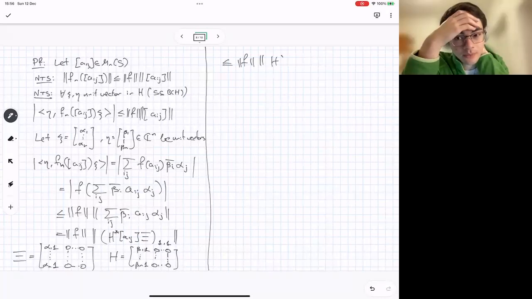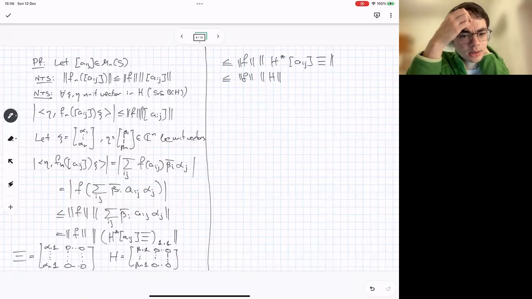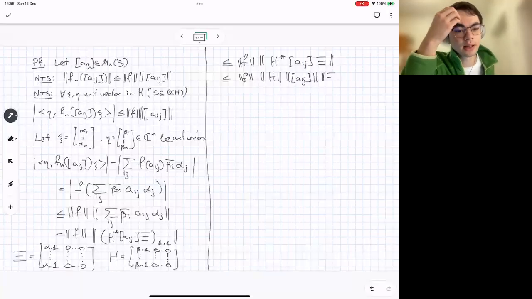Guy: Yes. I'm sorry, I think I'm a bit lost, but in your second need to show, Xi and eta are unit vectors in H, how does it compile with Fn acting on them? Aren't they in H to the n?